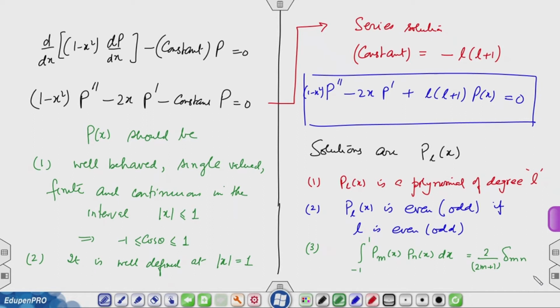They are not normalized. And as I said earlier, P_L at 1 is 1. So, these are some of the properties. Then they also satisfy certain recursion relations, which we will keep using in the problems as they come along, but I will request you to go over this in any mathematical physics book or Jackson itself. So, this is your homework for this.